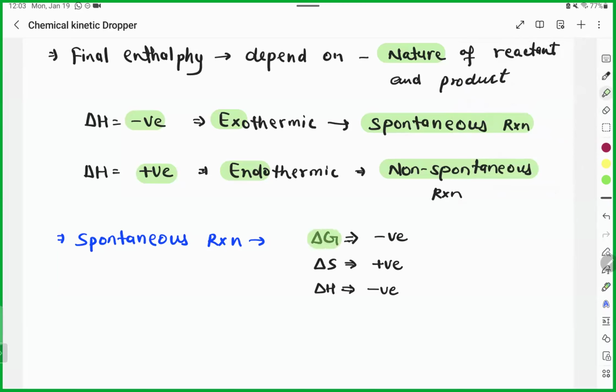Okay. So delta G is negative, delta S positive, delta H negative.